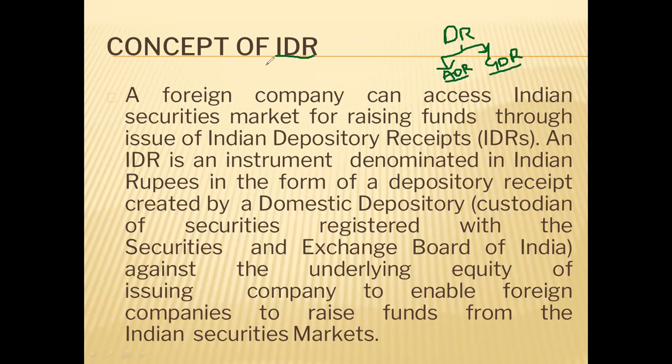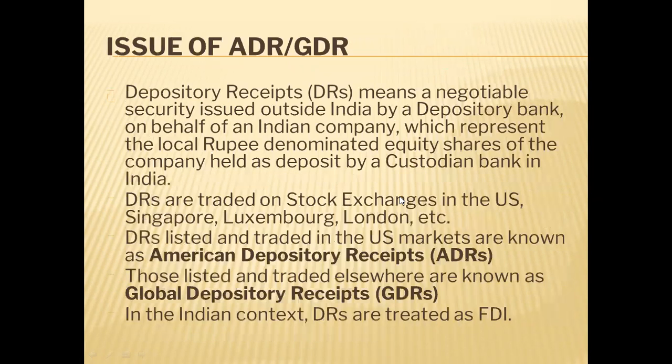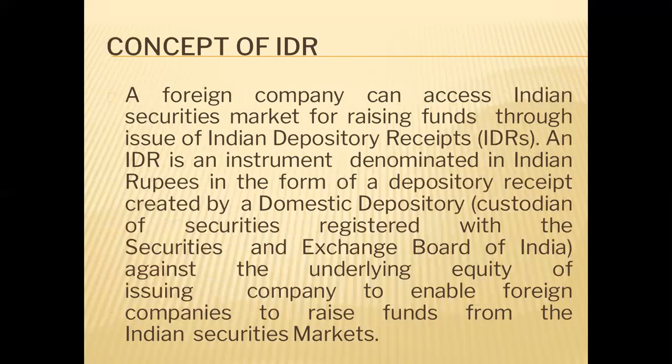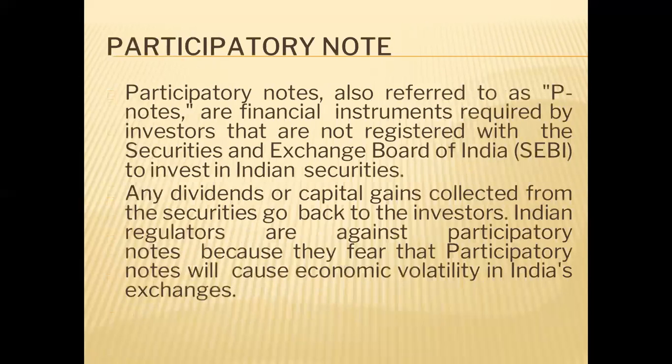Now there is another depository receipt, the Indian depository receipt. This is the reverse. Whatever we have seen, American depository receipt or global depository receipt, is a case where an Indian company is raising finance from outside India. There can be another way also, where a foreign company wants to raise finance from Indian markets.